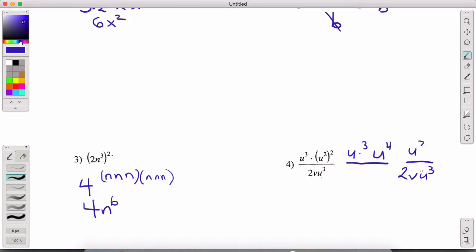I can cancel some of the u's. There's 3 in my denominator. There's 7 in my numerator. And when I cancel them out, there'll be 4 left. So to write that in simplest form, u to the 4th over 2v.